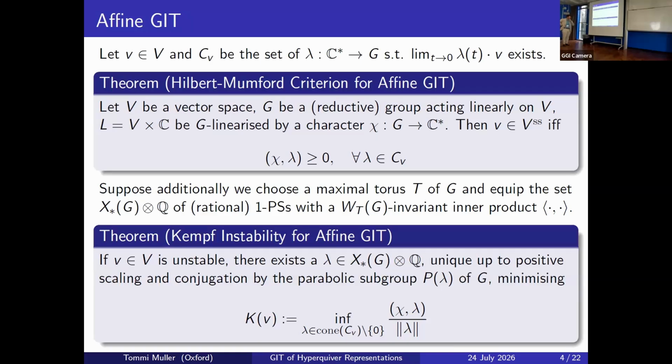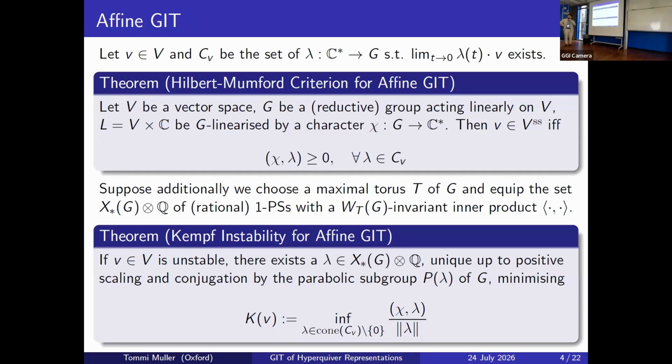This is Kempf's instability. If v is an unstable point, then you can find a rational one parameter subgroup that's unique up to positive scaling by Q and conjugation by the parabolic subgroup which preserves the flag of lambda, which minimizes this function called the Kempf function.